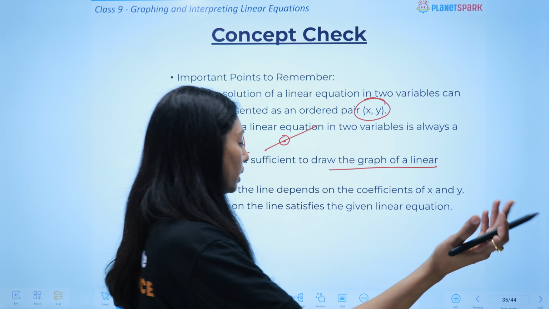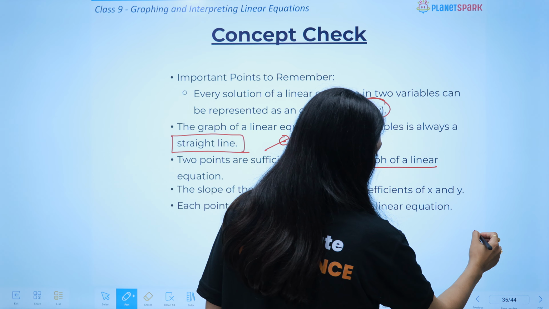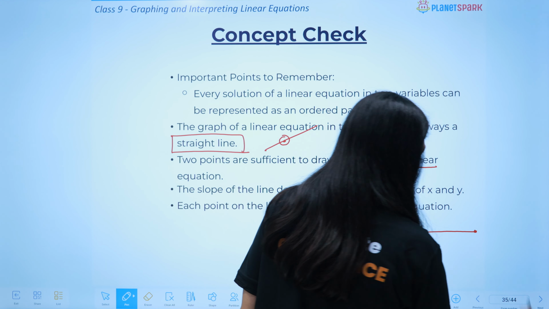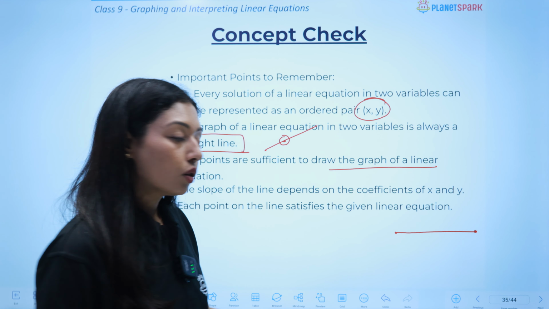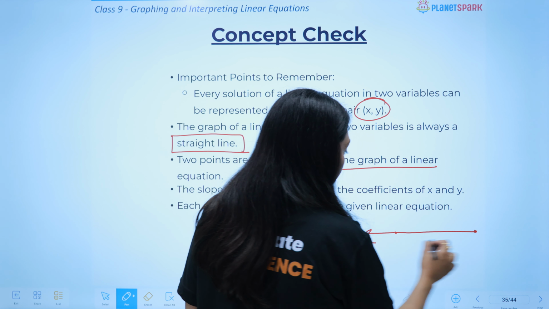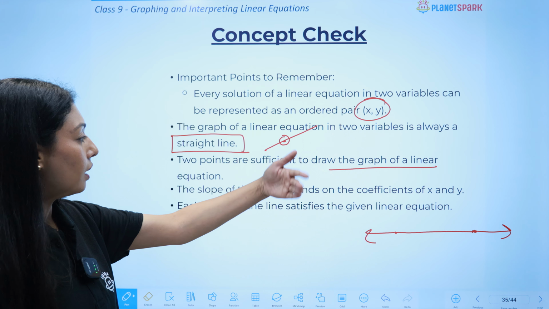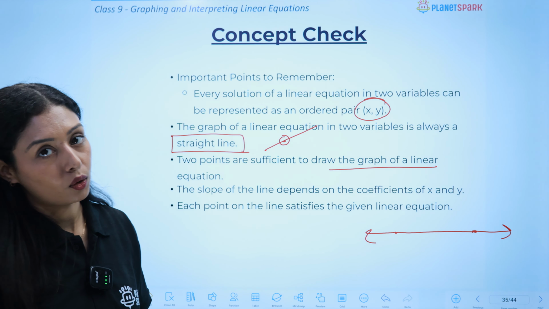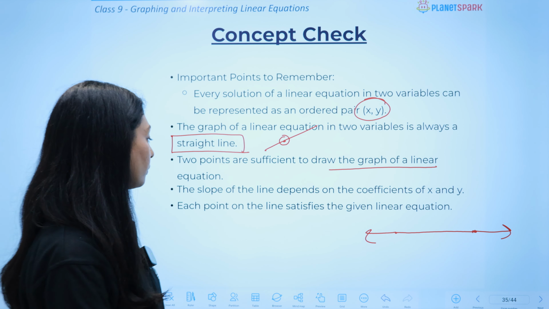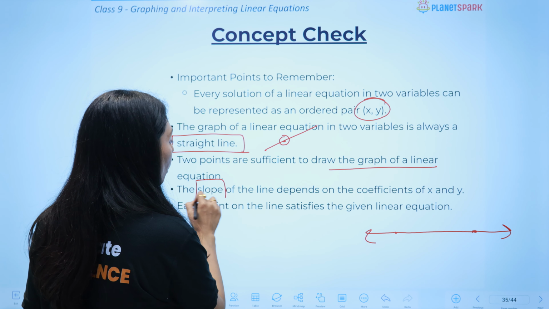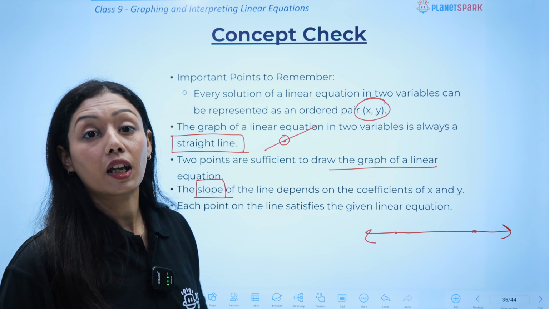क्यों sufficient है 2 points? 2 point अगर मेरे पास हैं और अगर मैं उनको join करूं, so what do I get there everybody? A line. तो एक line को draw करने के लिए minimum 2 points चाहिए हमें. So if we can find that, then we can draw the graph of the linear equation. 2 is enough. Okay. Then the slope of the line depends on the coefficients of x and y.